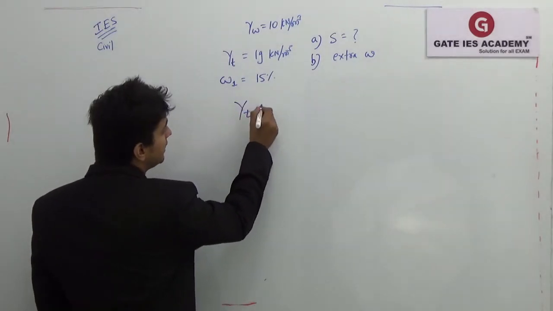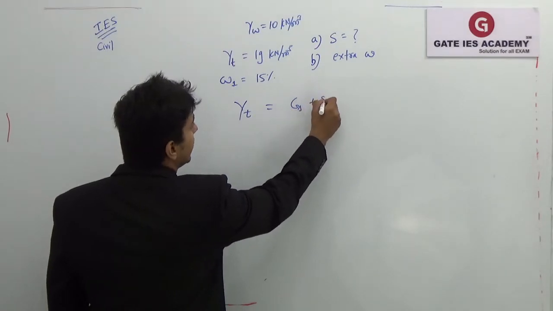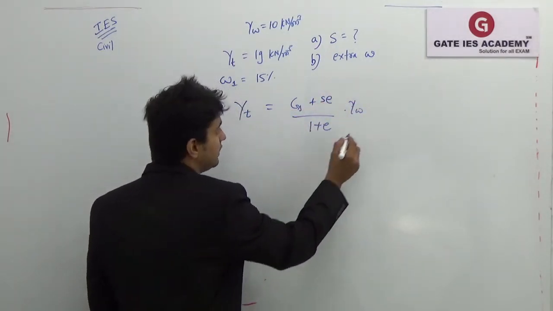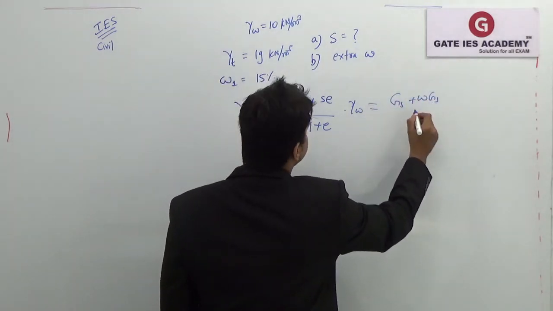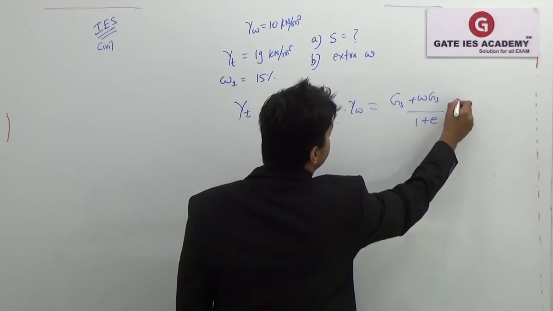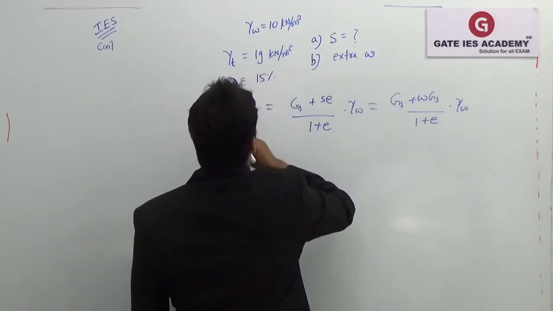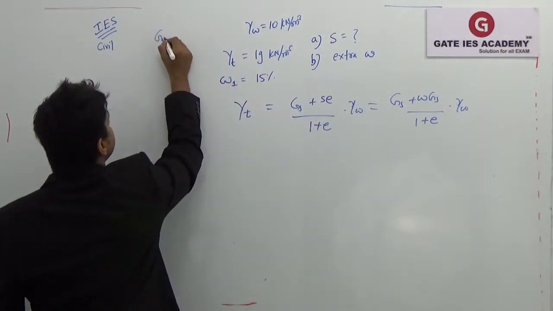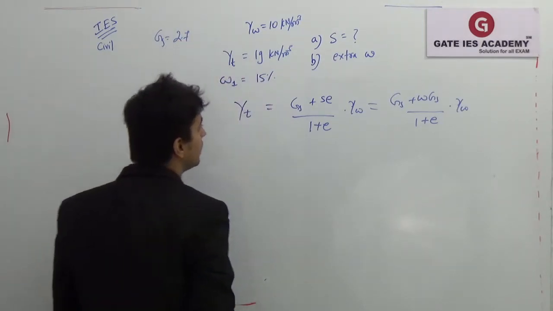We know that gamma T is equal to (GS plus SE) upon (1 plus E) times gamma W. So this will be equal to (GS plus WGS) upon (1 plus E) times gamma W. We know W and we know GS, which is also given as 2.7, so why not use that?